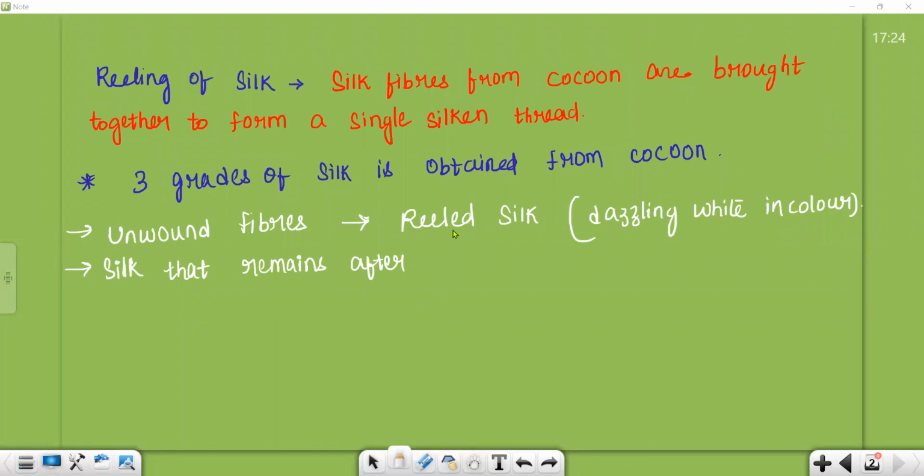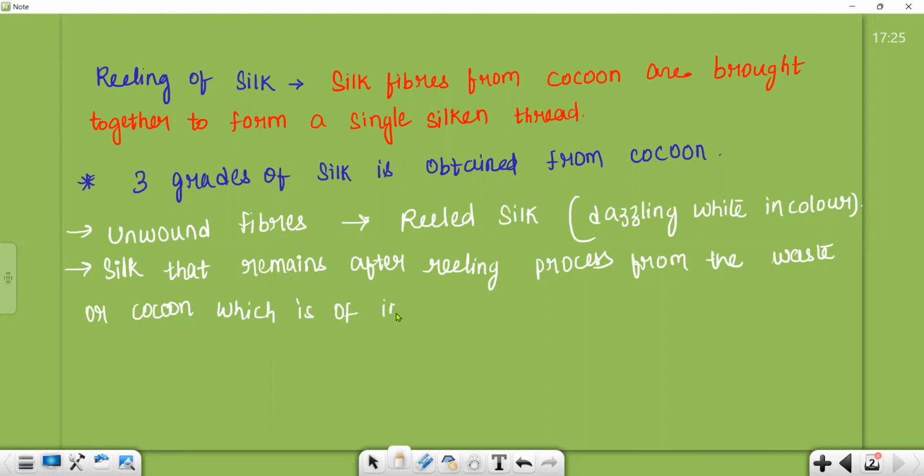The silk that remains after the reeling process from the waste or damaged cocoon, which is of inferior quality, is called spun silk.